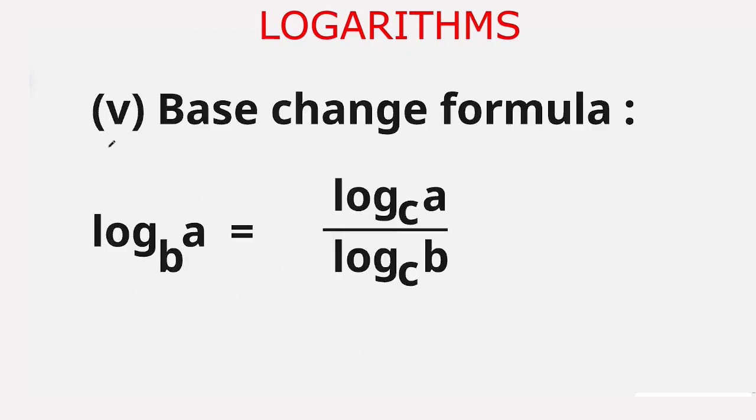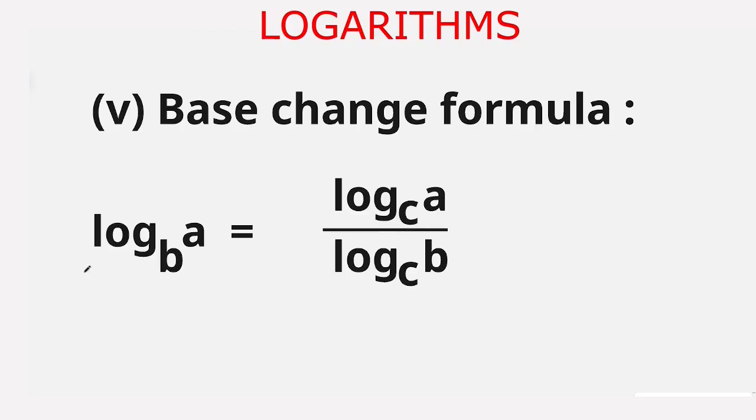Formula fifth, base change formula. Log a base b equal to log a base c upon log b base c. Here we are changing the base of a to some base c.